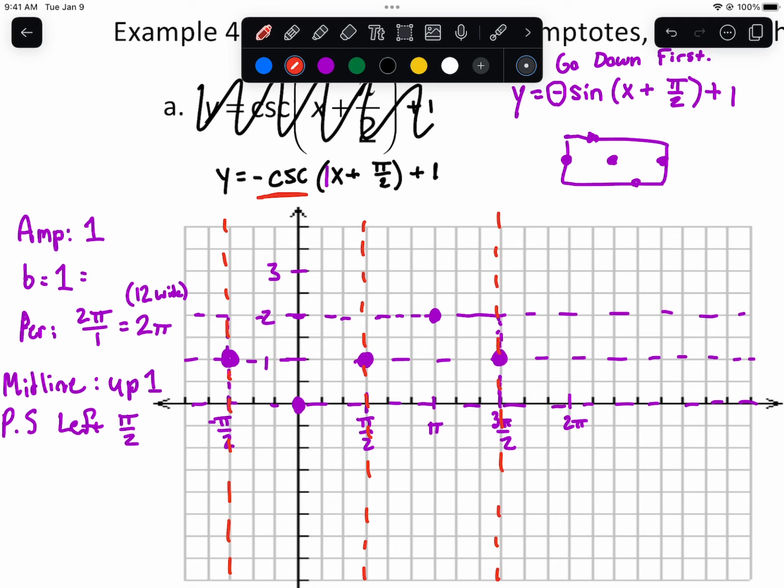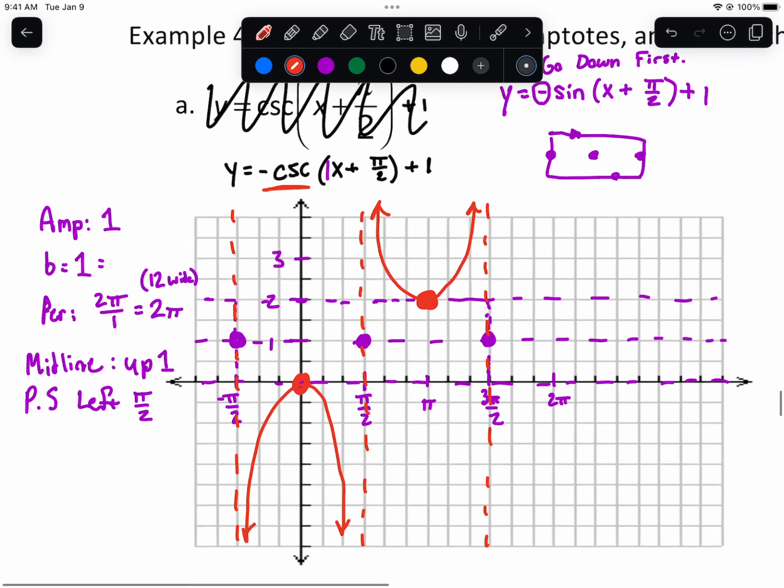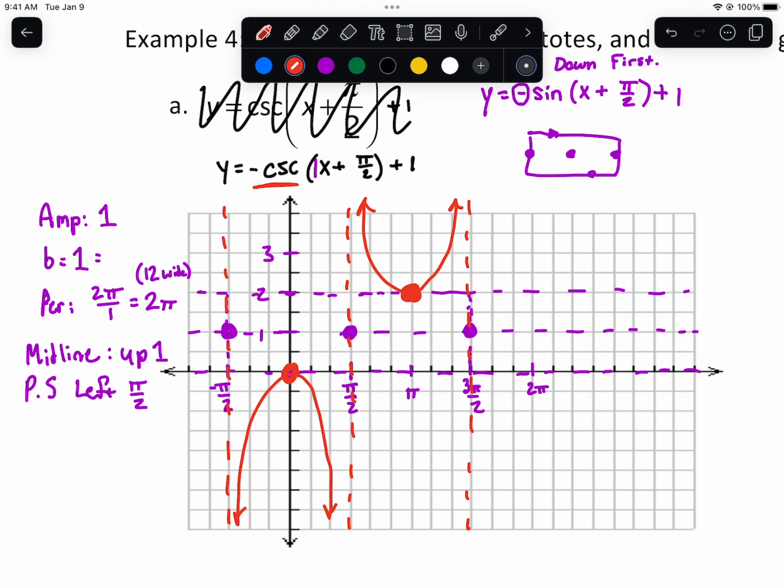Just like that. And then these max and min points are going to be the locations of the actual points on your cosecant curves. Just like that. Usually there's not any other decent points, so that should be good enough right there.